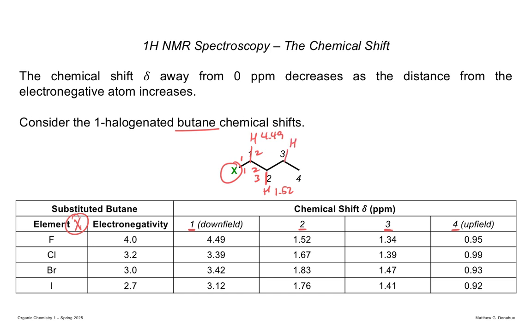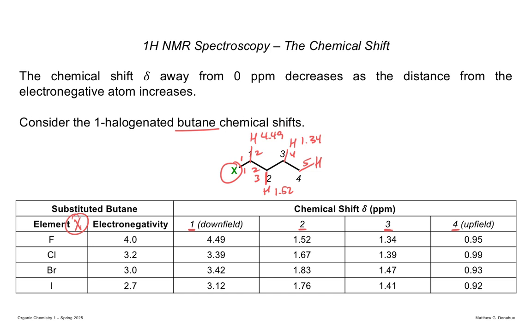The H here, 1, 2, 3. That's 4 bonds away. That's at 1.34. And now the hydrogens on carbon 4, we have 1, 2, 3, 4, 5 bonds away.